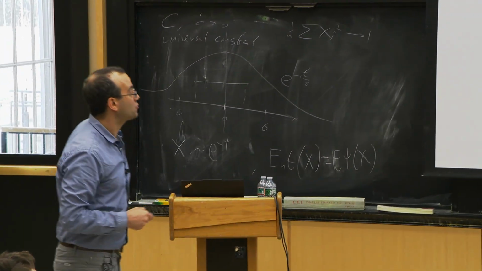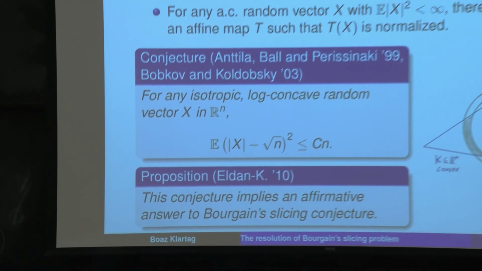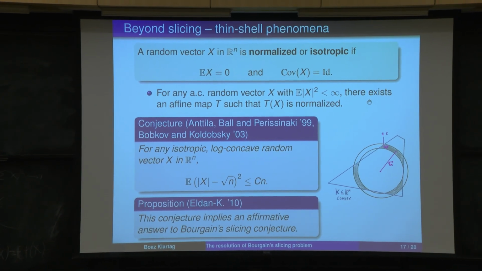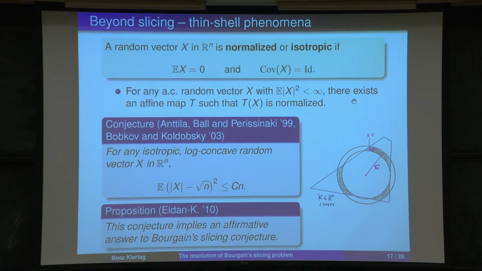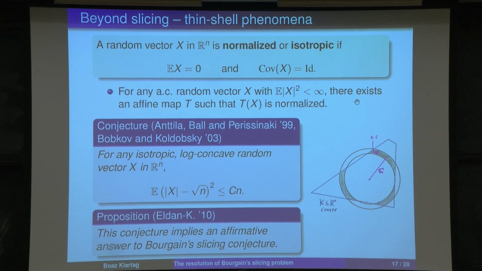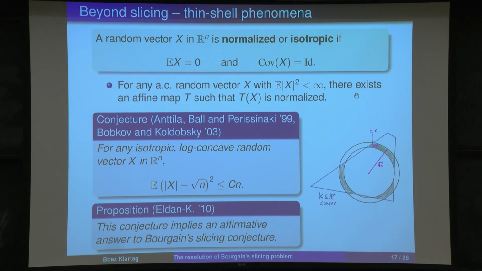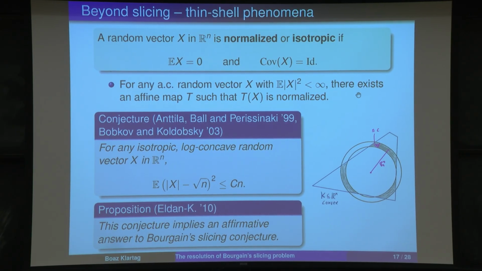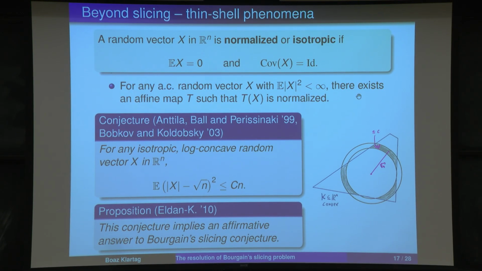But a deep conjecture by Anttila, Ball and Perissinaki, and essentially by Bobkov and Koldobsky, stated that the same effect, that the mass is in a thin spherical shell, holds under a convexity assumption. So they conjecture that for any log-concave distribution, if you normalize it to have mean zero and identity covariance, then the mass is concentrated in a thin spherical shell whose radius is roughly square root of n.